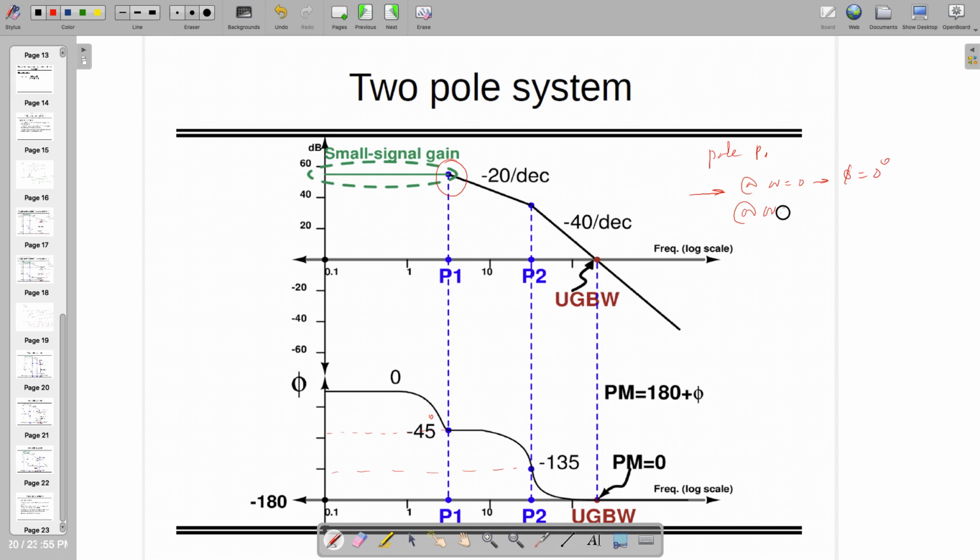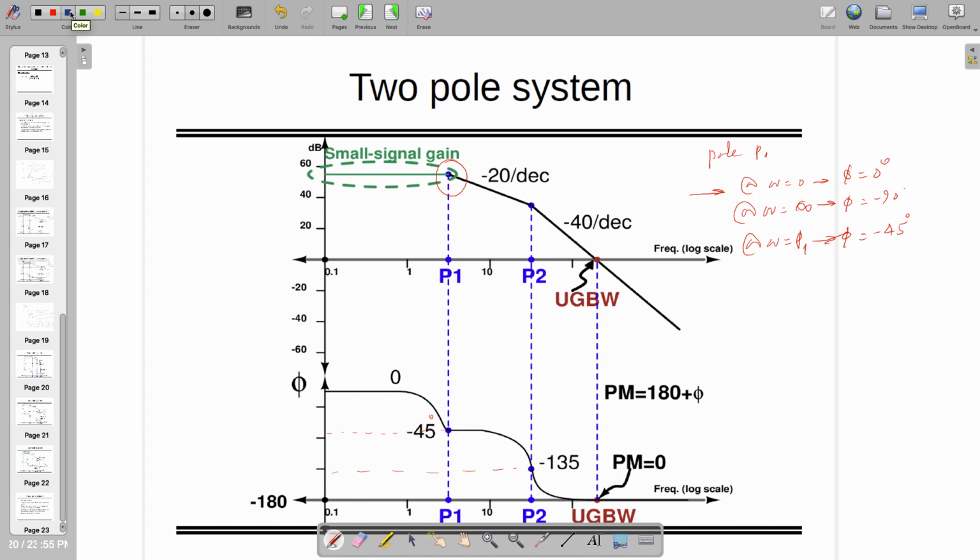At omega equal to infinity, the pole contribution is minus 90 degree, and at omega equal to P1, the pole will have phase contribution of minus 45 degree. So you can draw that, right? So 0 degree, and exactly at this one it's minus 45 degree.